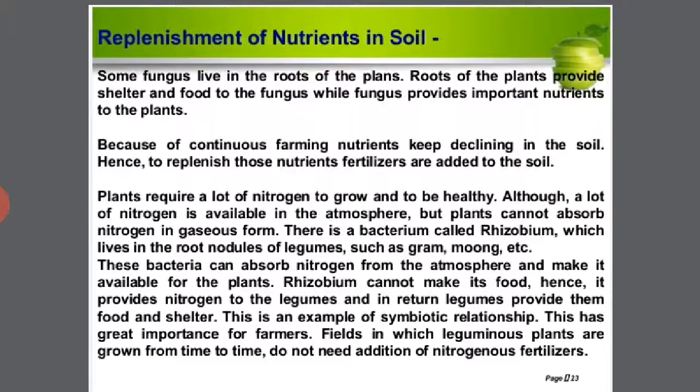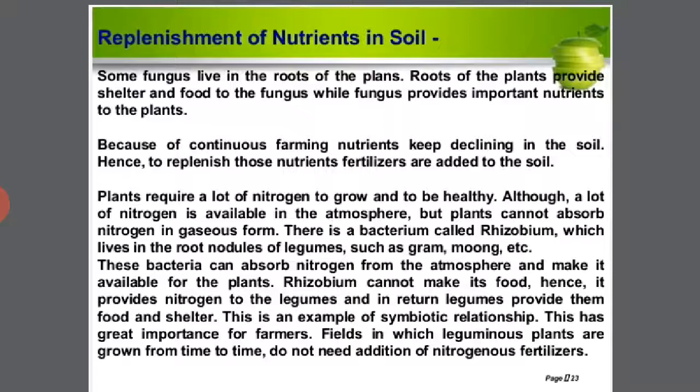Roots of the plants provide shelter and food to the fungus, while fungus provide important nutrients to the plants. Very interesting. They live together, and one provides food and shelter, and the other provides nutrients to the first one.